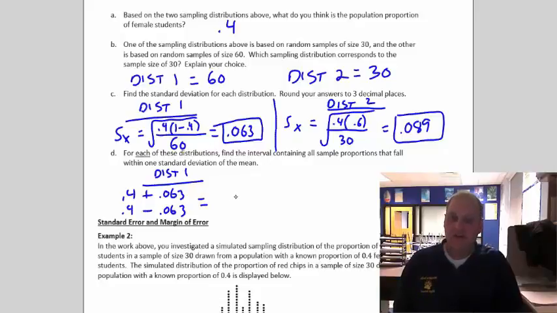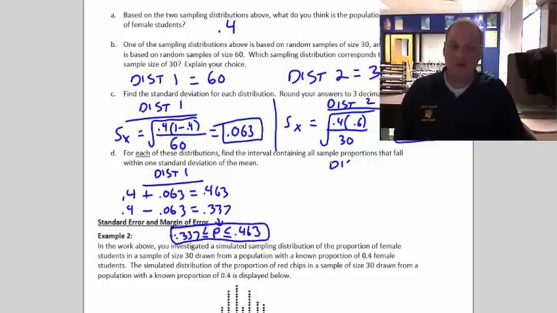So that gives us a p-value between 0.337 and 0.463. Our p should be greater than or equal to 0.337 and less than or equal to 0.463. That's our inequality there.